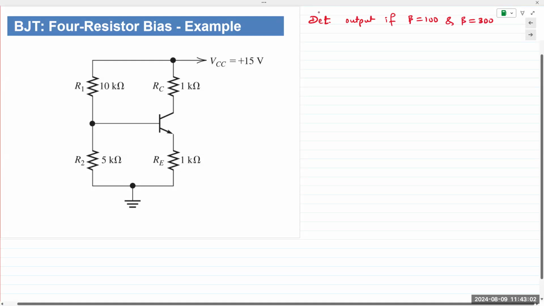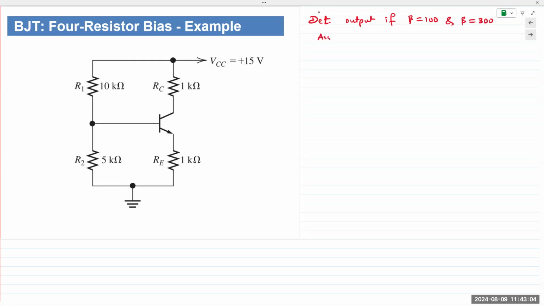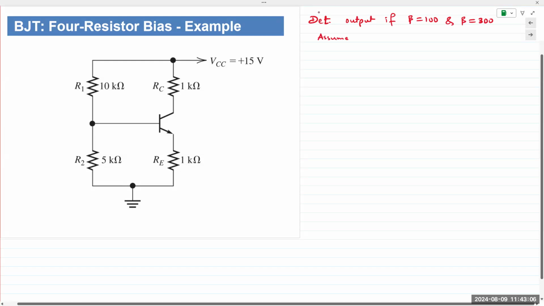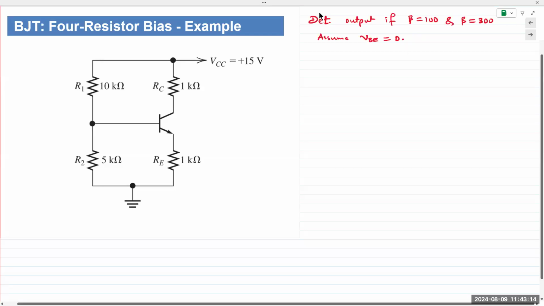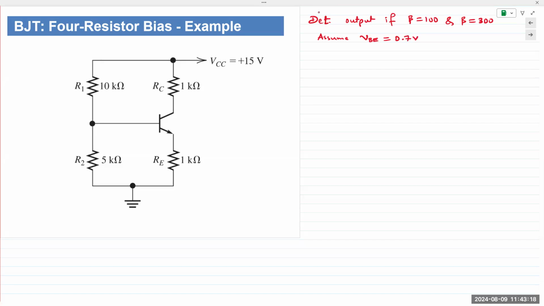Okay, the assumption is because it's an amplifier working in the active region, then the VBE should be equal to 0.7 volts. So this is the information given to us plus the values given in the circuit diagram. Okay. So what do we do first? Well, first we find a value for RB.